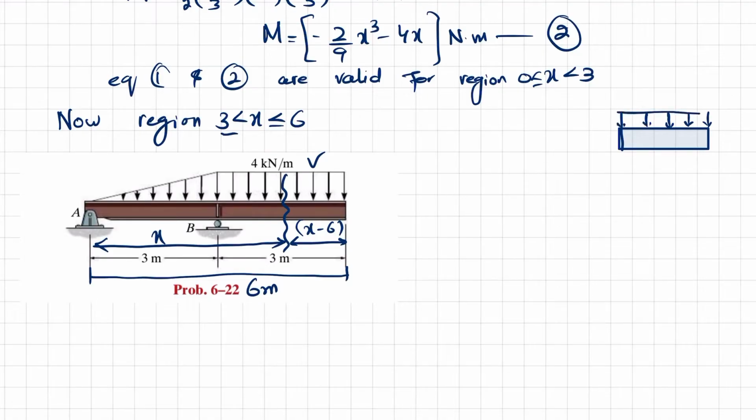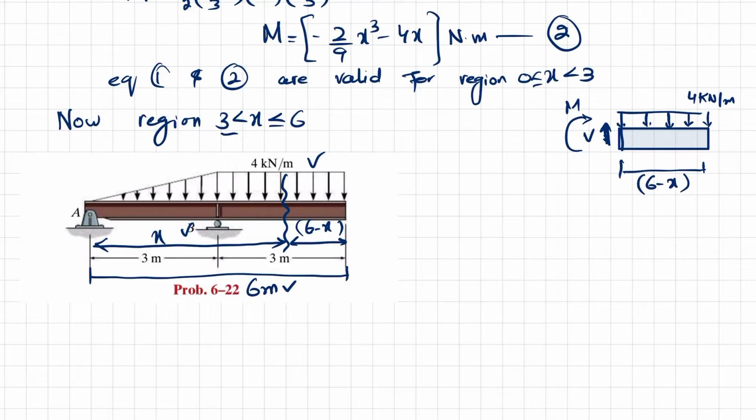This load is 4 kilonewton per meter, and when you cut it over here, definitely there will be a shear force V and there will be external moment M, and this distance is 6 minus x. So one correction that you have to take: this distance is 6 minus x. Why? Because total is 6 and this is x, so remaining will be 6 minus x.